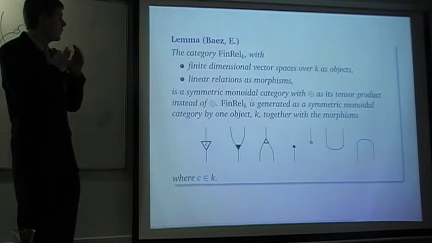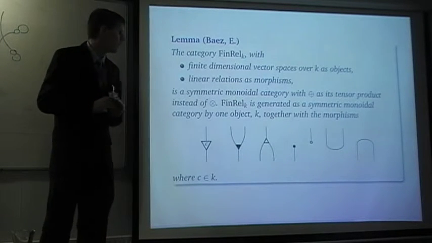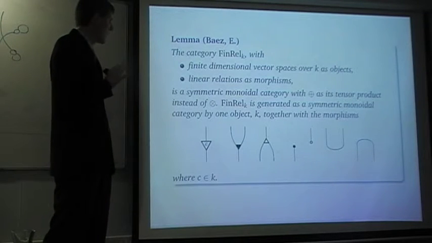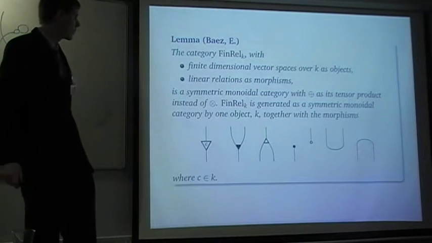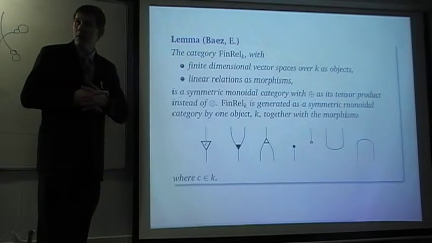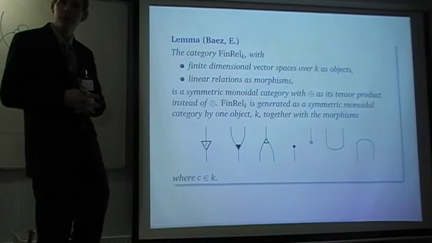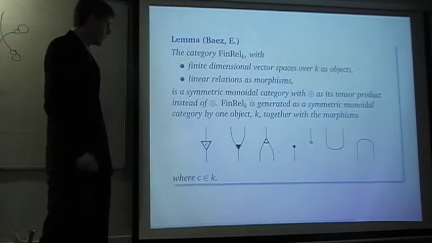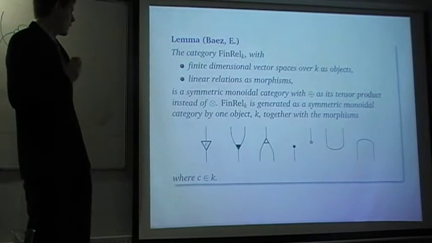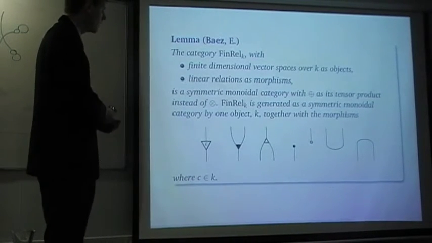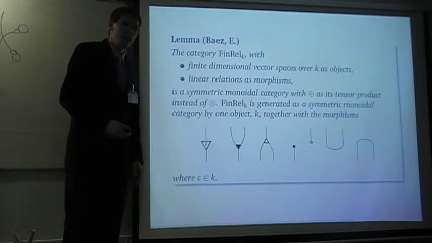So if we take the category of finite dimensional vector spaces over K as the objects with linear relations as morphisms, we can use the direct sum as our monoidal product, and that gives us Finrel over the field K. And if we look at these morphisms right here, we can generate Finrel with them.